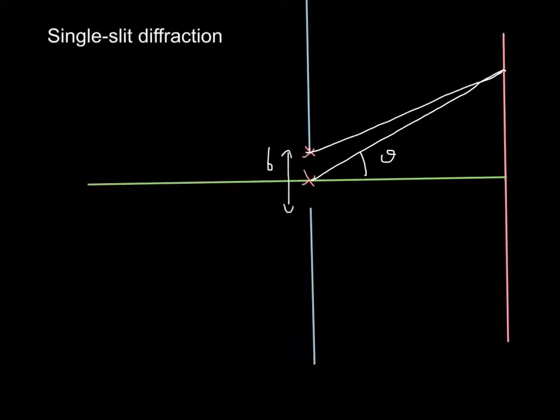Well, if these 2 guys interfere constructively, then the guys right below are also going to interfere constructively, because they have the same path difference, and it's the same angle, because remember that the angle is the same for this, and therefore it's the same for this, and this, and this, and this. So what I can do is 2 by 2, well, if I know that these 2 interfere constructively, then so do any other pair from here to here.